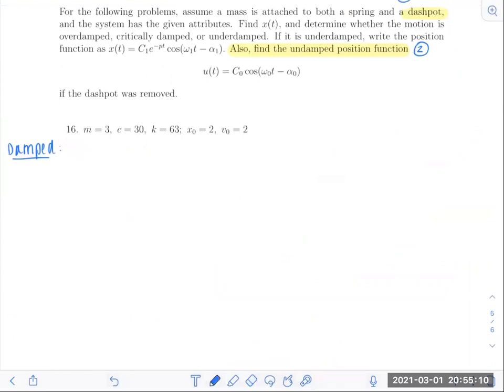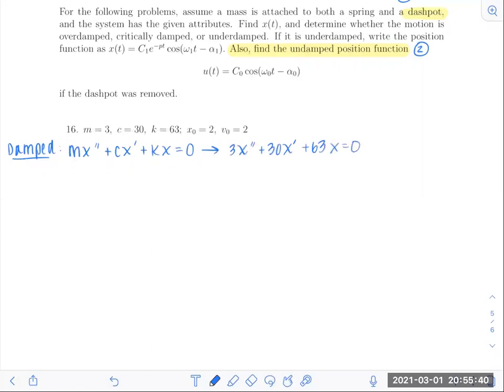All right, so we have m x double prime plus c x prime plus k x equals 0. This is the differential equation that you'll be given. And then let's go ahead and plug in all of the values that we know. So this is 3x double prime plus 30x prime plus 63x equals 0.